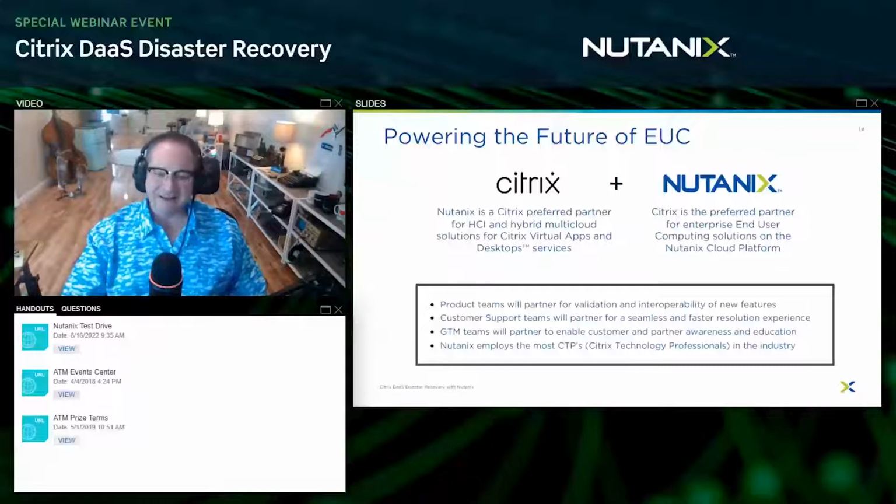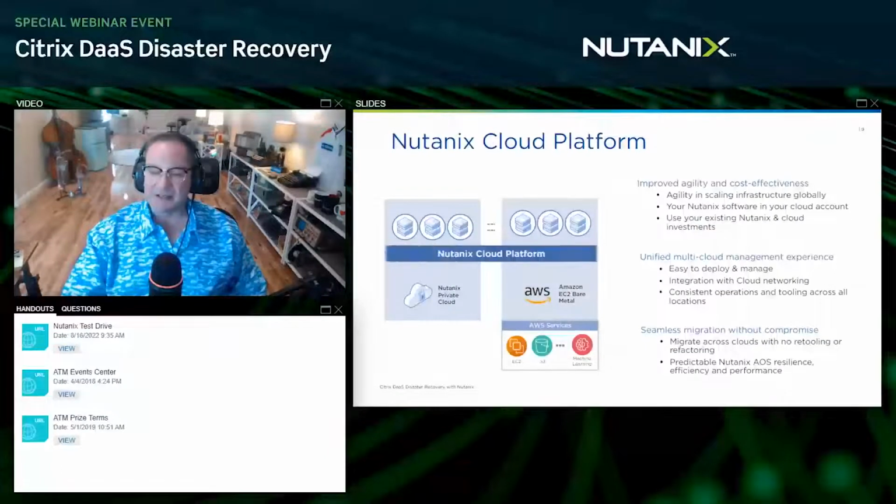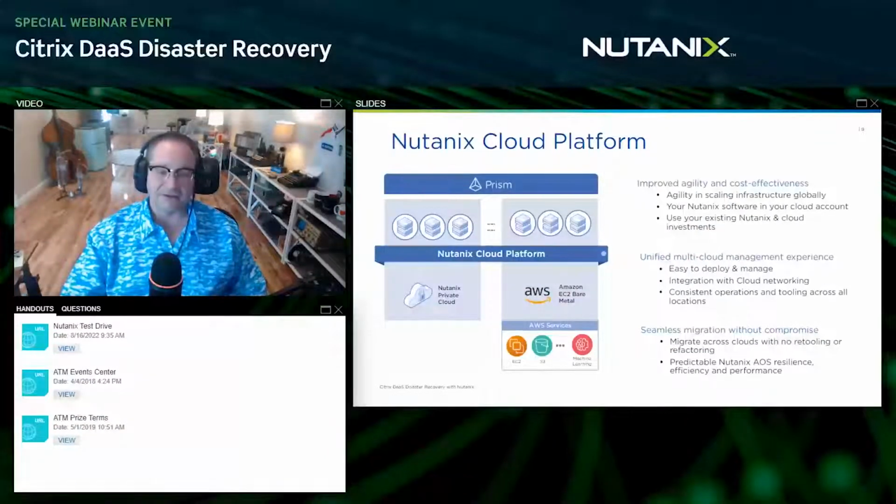And then, yeah, Nutanix actually, there's something called a CTP. If you're a CTP, raise your hand. That's the Citrix Technical Professional. And that's kind of like a Microsoft MVP. And we do employ the most CTPs out of anyone out there. So there you go. There's some goodness right there.